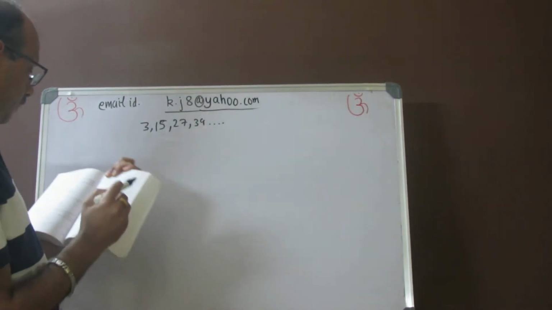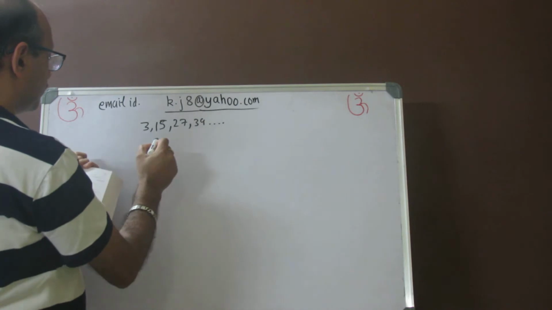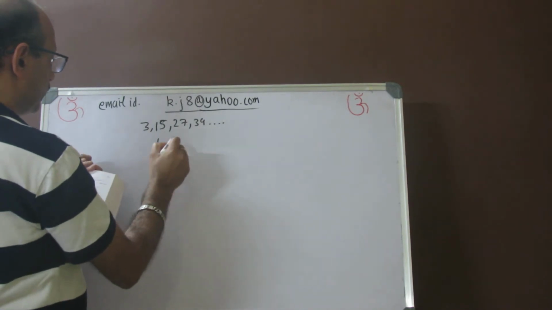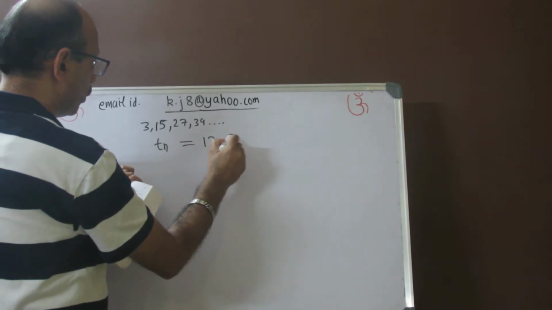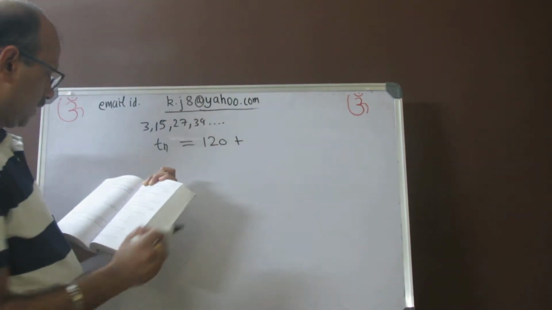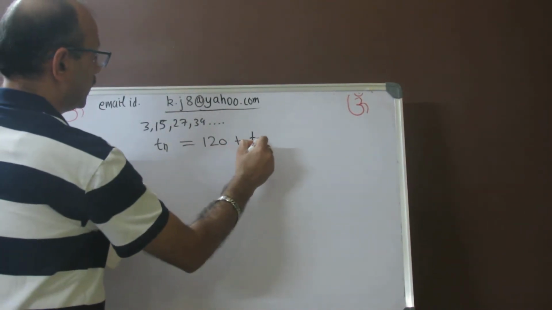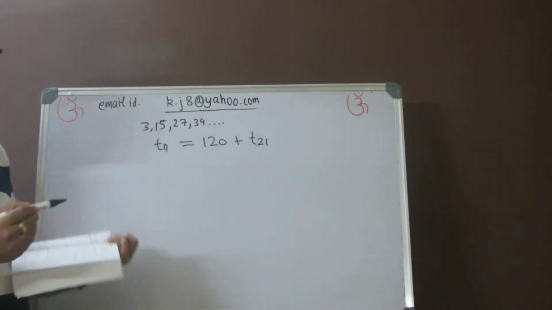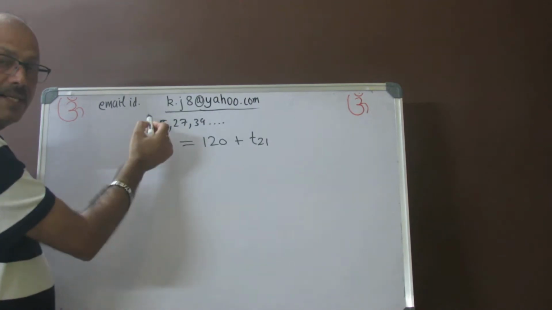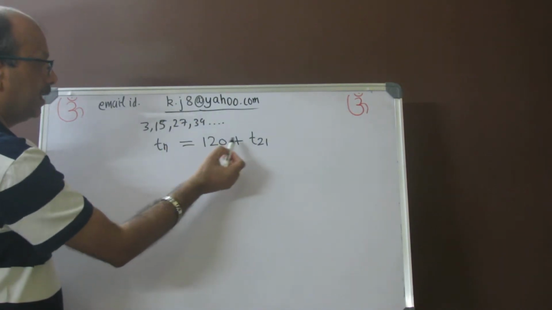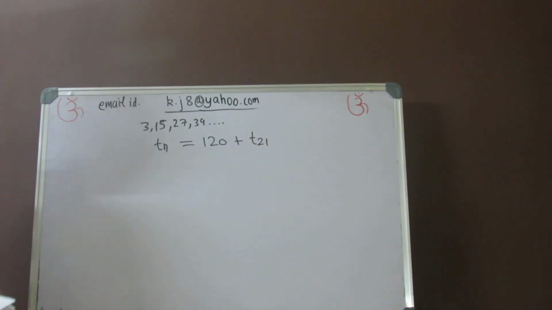We are being asked which term of the AP will be 120 more than, that is 120 plus its 21st term. So we have to find which term of this AP will be 120 plus T21.